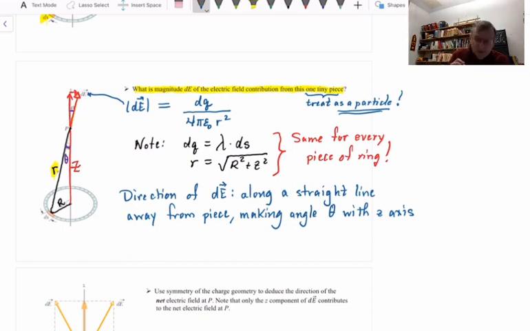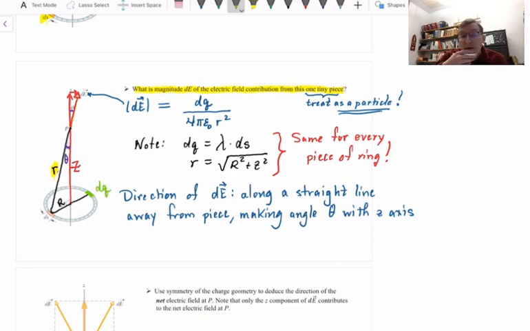In fact, what if I were to pick, in addition to the highlighted piece of ring you see right there, the piece of ring that is exactly diametrically opposite to that one? Go right along the diameter, through the center, to this other opposite side, and highlight that diametrically opposed piece, dq.